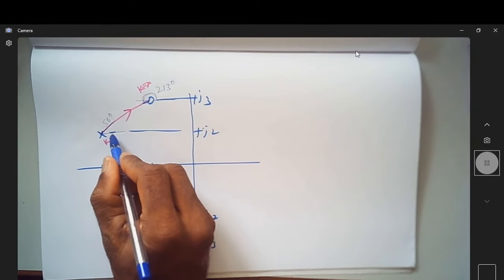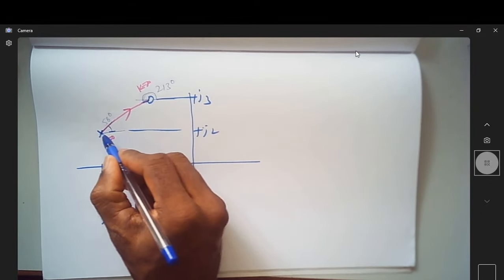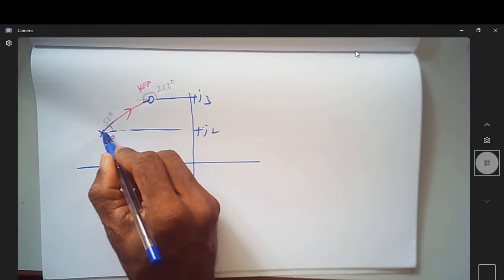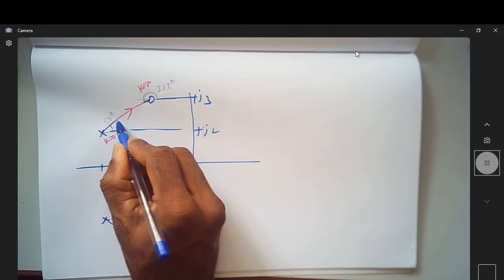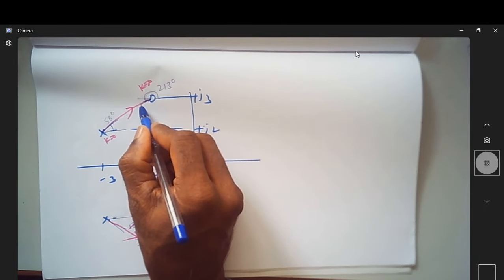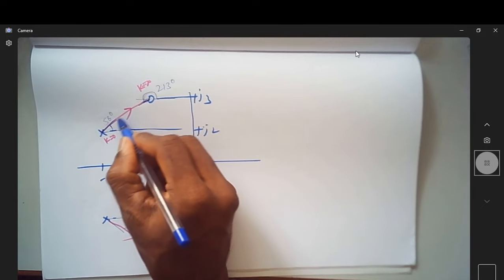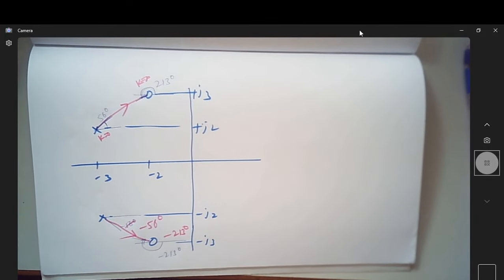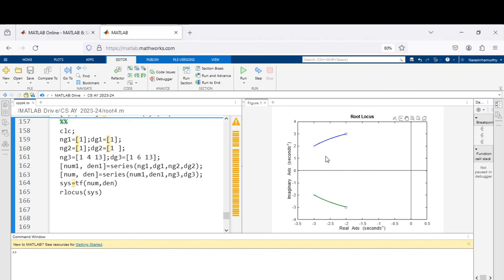When I say leaving, this is the angle at which it is leaving. You just draw a line for 213 degrees and draw smooth lines joining that. So this is how it is leaving, this is how it is ending. The same thing is true for this. Hope you got this one. We'll see a few more problems in the next video.